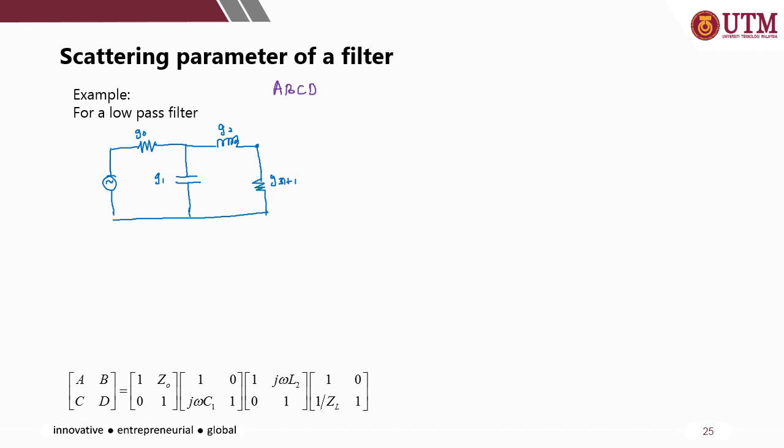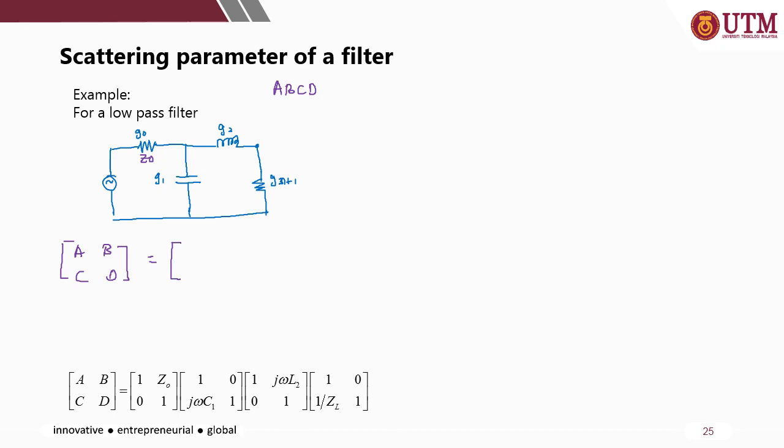So for example, this is the output A, B, C, and D for this filter configuration. The first one, you have Z0, which represents the first component's ABCD matrix.